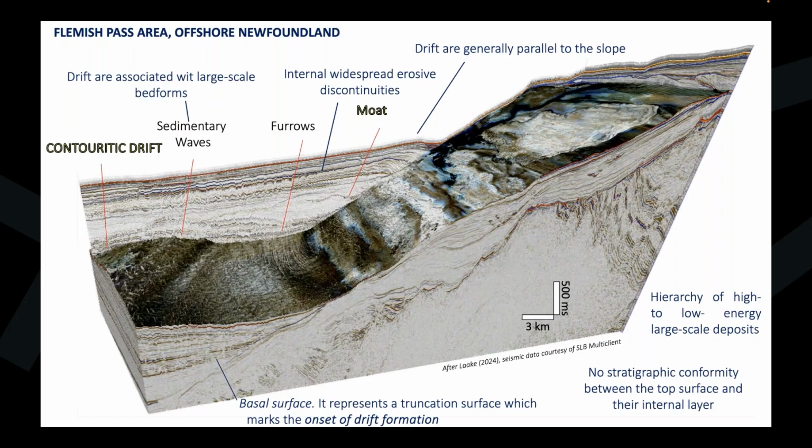There are internal discontinuities that normally also represent internal erosional surfaces. There is a non-stratigraphic conformity between the top surface of the drift and the internal layers, and there is a hierarchy of high to low deposits as you go from the core position laterally in the drift, but also up current to down current. So the variability is in two dimensions, not only in one.